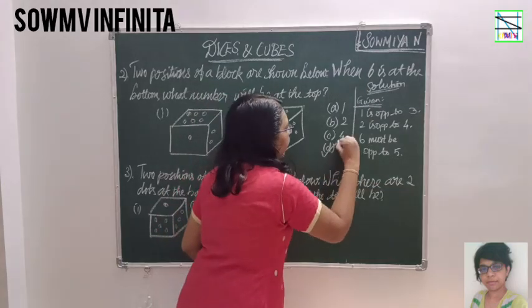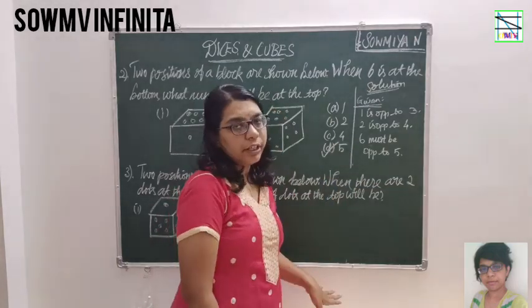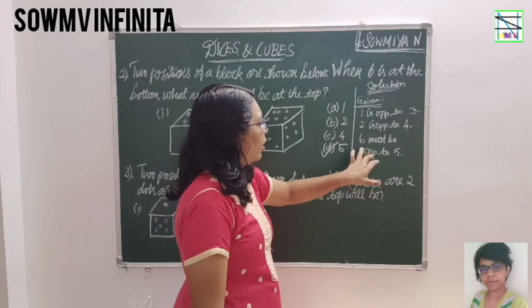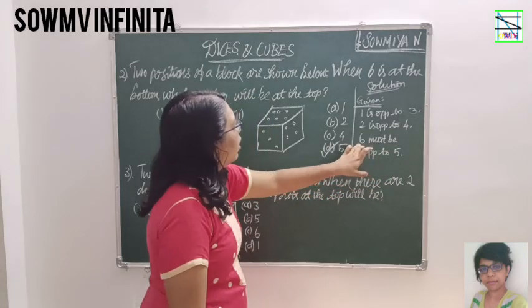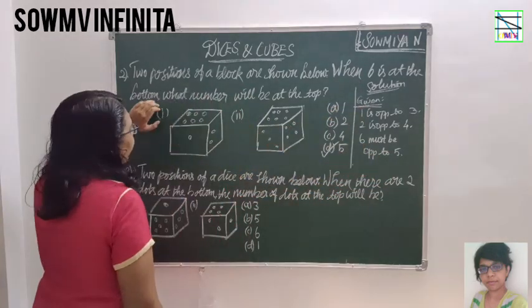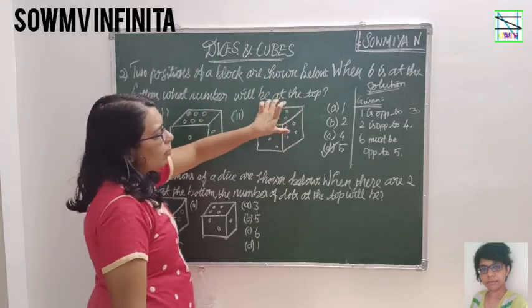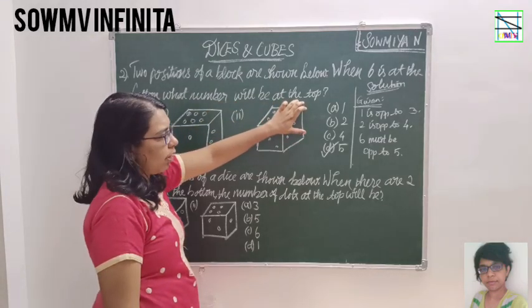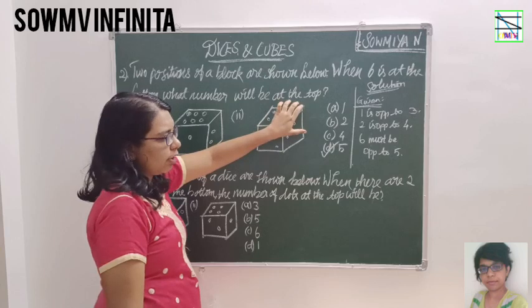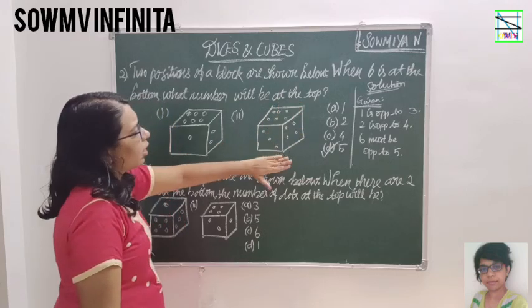The answer is D. That means when 6 is at the bottom, 5 will be at the top of the given cube.